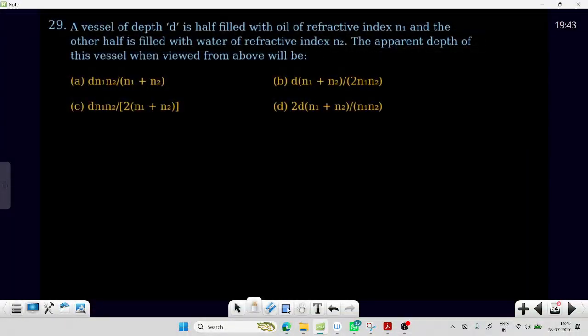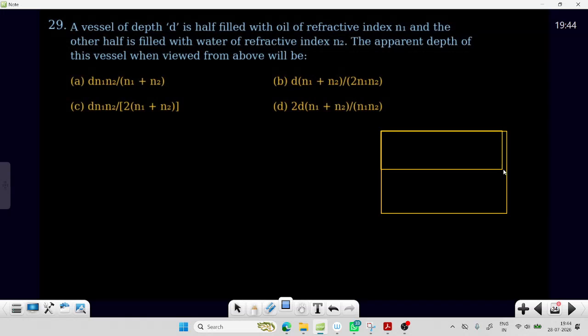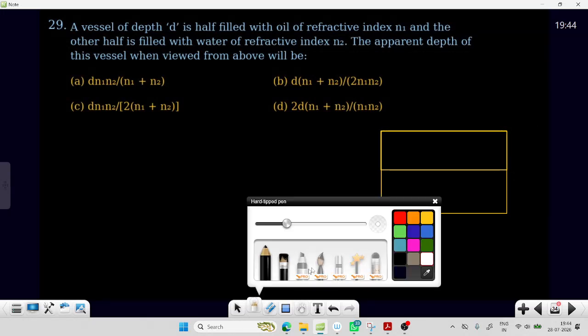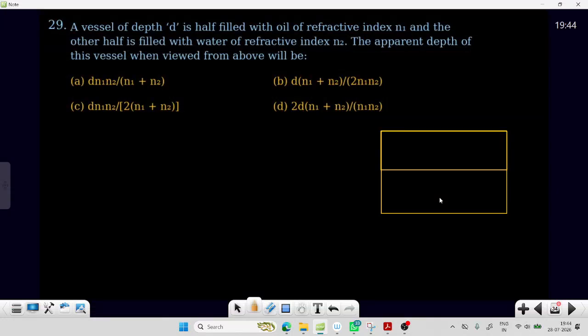In this case, what they're saying here: a vessel having a depth D is filled with two liquids. This is D by 2 and this is D by 2.